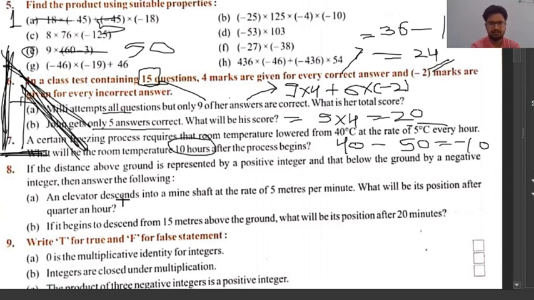An elevator descending into a mine shaft at a rate of 5 meters per minute. 5 meters per minute means in 1 minute it moves 5 meters.